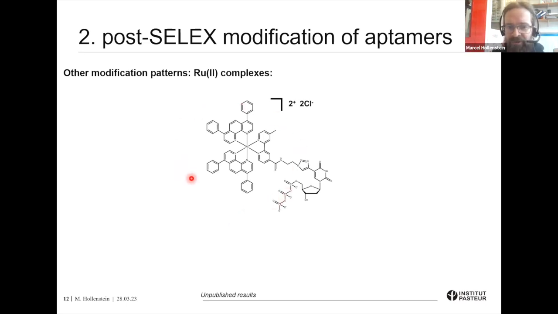So we wanted to synthesize modified nucleoside triphosphates equipped with various photosensitizers produced by my colleague Gilles Gasser at Chimie ParisTech in Paris, and try to identify aptamers. We've synthesized a large series of modified nucleoside triphosphates equipped with these polypyridyl ruthenium complexes, which are a bit reminiscent of the complexes introduced by Andrew Kellett yesterday.